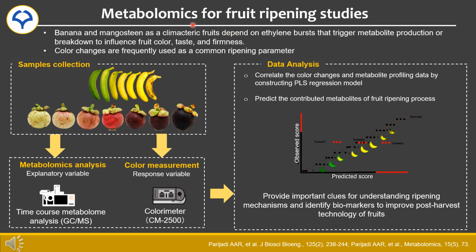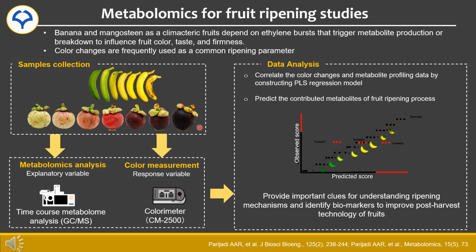The first topic is the study on predicting the ripening stages of fruits. Bananas are known for ripening after harvest, during which their taste and color change. The color change in the fruit is used as an indicator of its ripeness. In this study, the relationship between the color of the fruit and its components was examined.